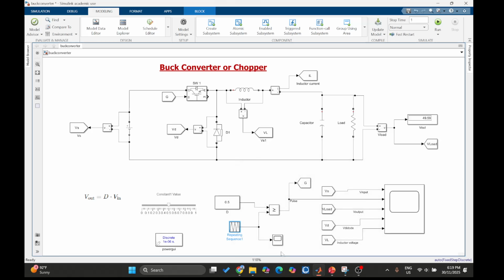It generates a gate pulse G, which is connected to the IGBT or MOSFET, and based on the pulse generated here, the switching will be controlled. Now, the measurements that are required are Vs, the input voltage source; Vd, the voltage across the diode; VL, the inductor voltage; and VLoad, the output voltage.